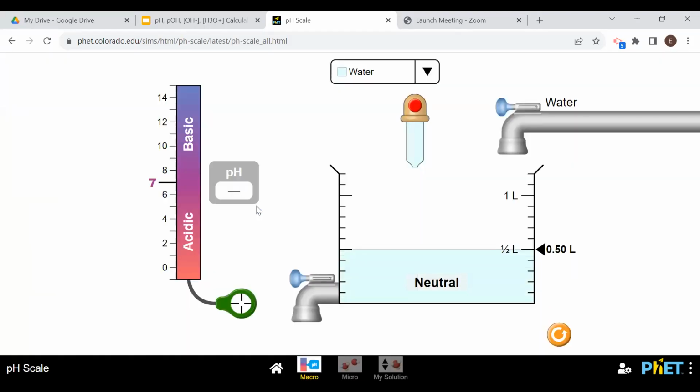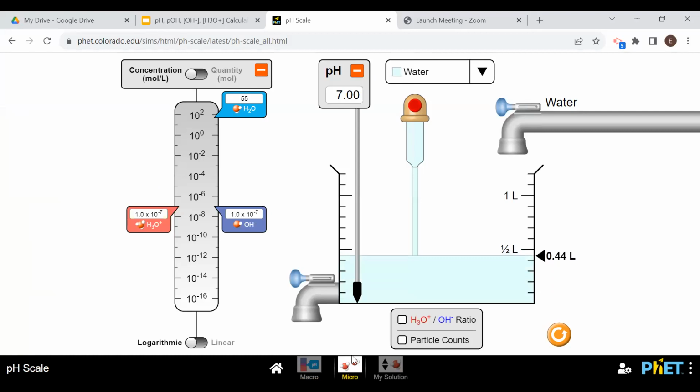So you'll see exactly what is going on. This is the pH scale, and if you want to see everything, you see this: water is 7, pH 7. At this point the hydronium ion concentration and hydroxide ion concentration are equal.